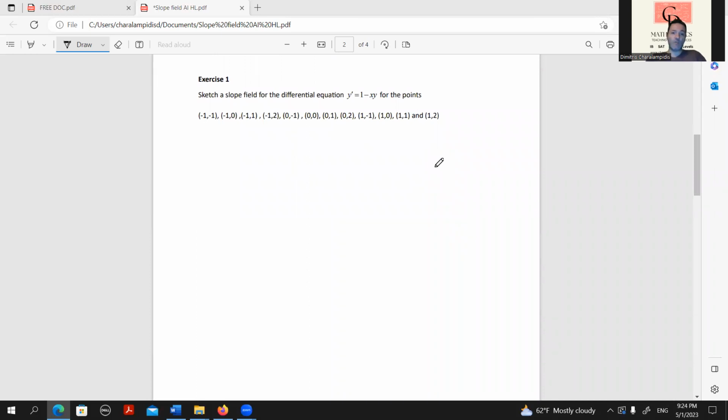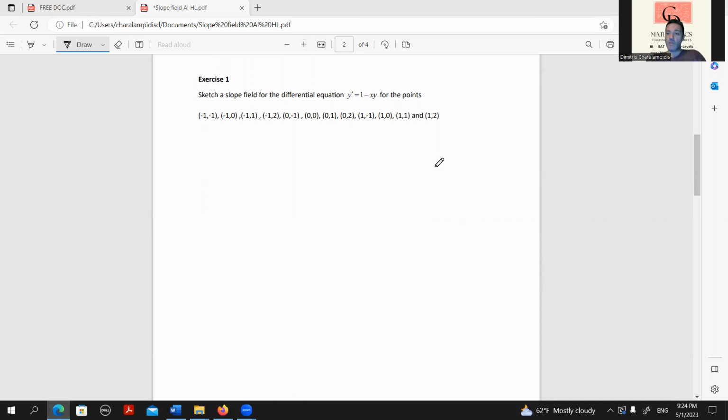Sketch a slope field for the differential equation y' = 1 - xy for the given points (-1, -1), (-1, 0), and so on.